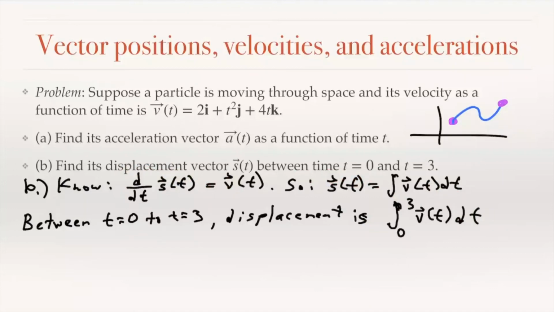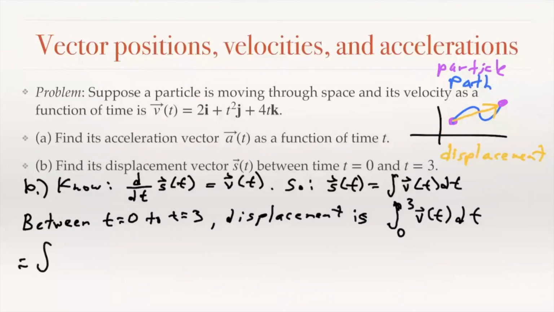Purple is the particle and blue is the path that it moves. Then the displacement is this vector, the yellow one. That's what we're finding: the displacement vector showing where it moved to relative to its initial position.